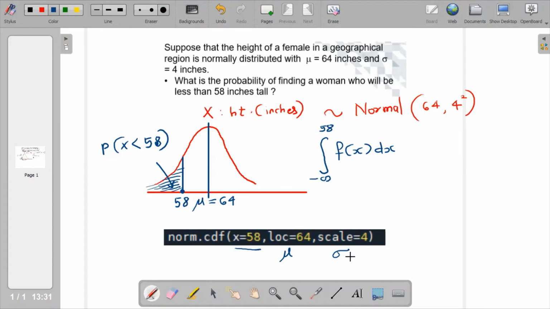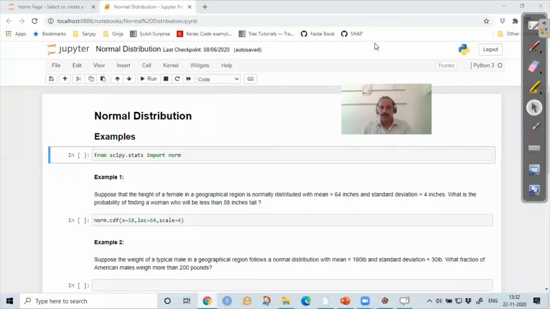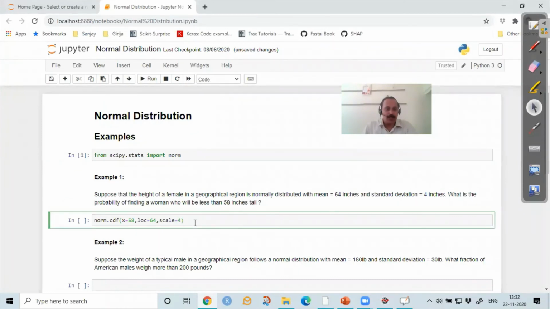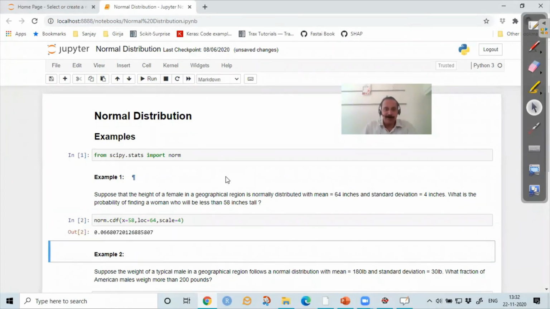Let us execute this function now in our Python notebook. Here in our notebook, we require to import this module norm. So I have imported this accordingly. And now I'll be calling this function over here in our notebook. Hence this will be our answer.